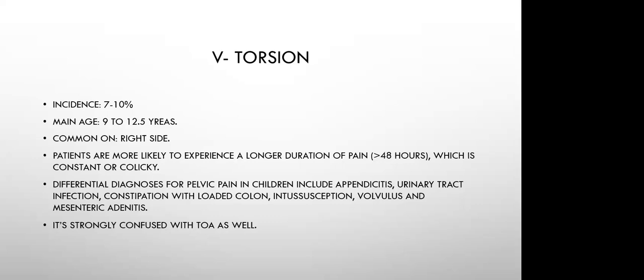But the most common cause of torsion in the childbearing period is a large ovarian cyst. The second most common cause is ovarian hyperstimulation syndrome. Both of them are typically uncommon in adolescence. In adolescence, the most common cause of torsion is a congenital long tubo-ovarian ligament.